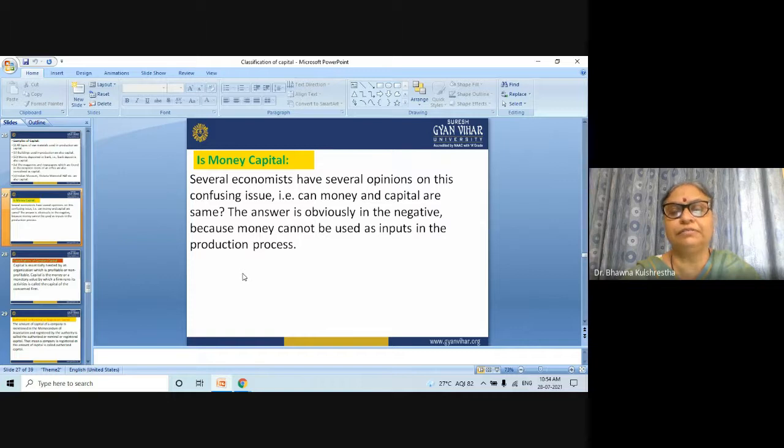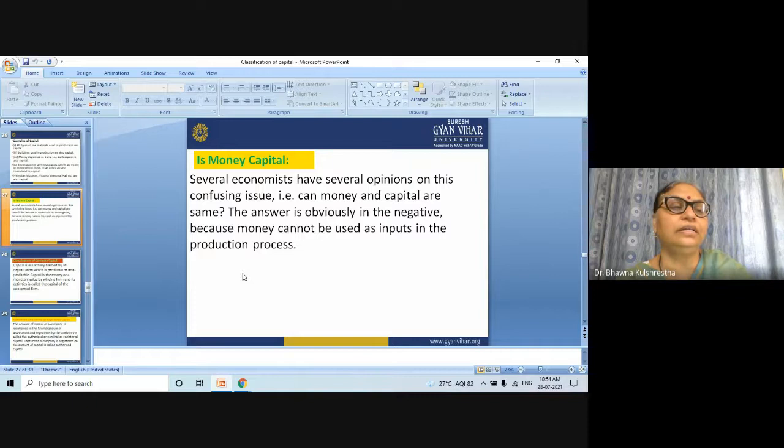Money itself is not a means of production. However, with the help of money we can buy capital goods which are used directly during production.